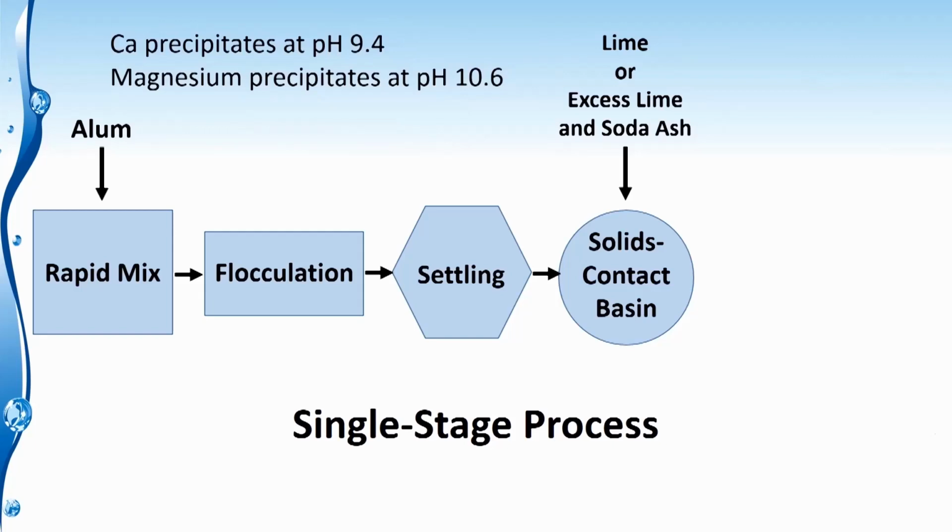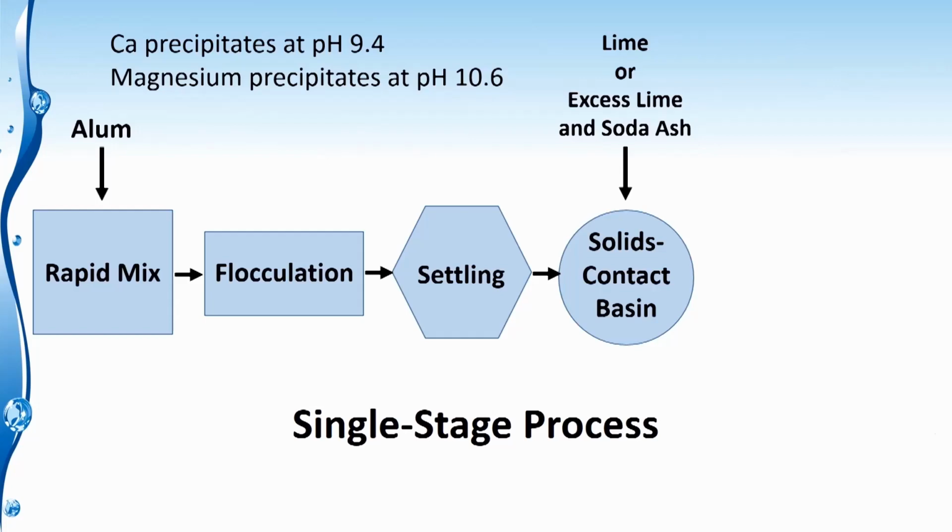And if our hardness is primarily due to calcium hardness, we might just add lime and raise the pH to 9.4 in this solids contact basin, and that will provide the softening for us. But if we have a considerable amount of magnesium, say greater than 40 milligrams per liter, we might use the excess lime and soda ash method, in which case we'll raise the pH to 10.6.